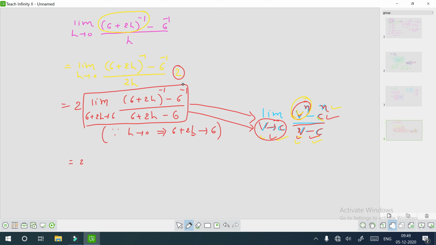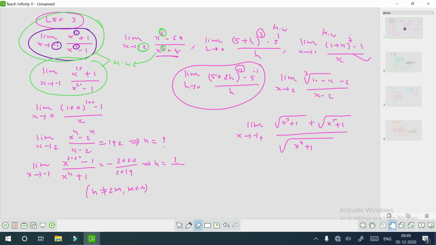Now totally this form is of this form. This one as it is, minus 1, n times constant raised to n minus 1. So minus 2 by 6 square, that is minus 2 by 36, that is minus 1 by 18. Clear? Now see, now you are able to solve this question as well as this one.